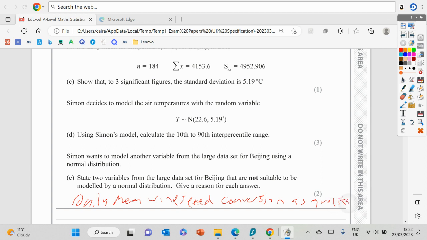Remember, qualitative literally means worded. And the other one is rainfall, i.e., there's lots of zeros in the data set. So that will muck up the standard deviation because essentially it's not a continuous variable, is it? Rainfall's discrete values of data.